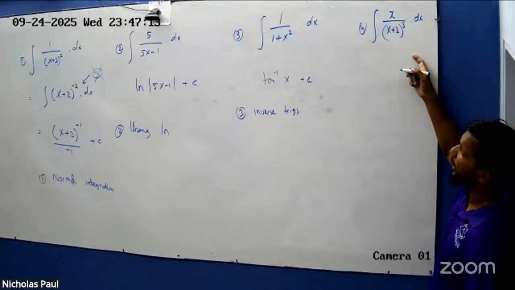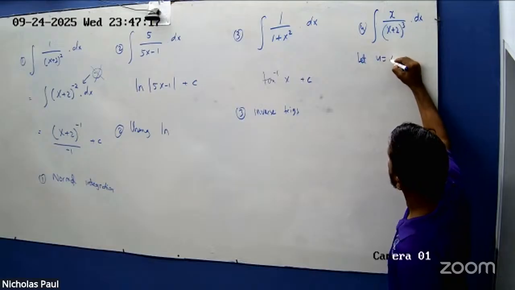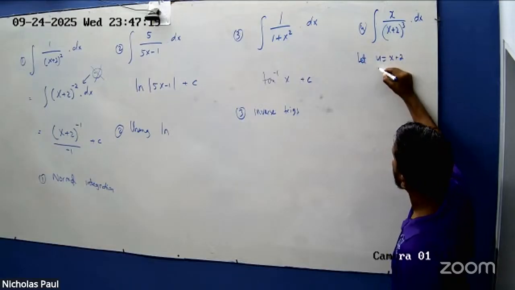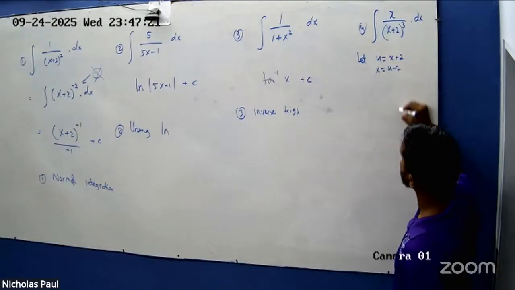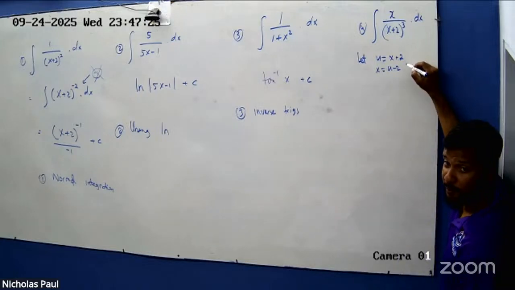This is more like a unit one thing. So you might remember that you could let u equal x plus 2, and then x will be u minus 2. So what you use is substitution.